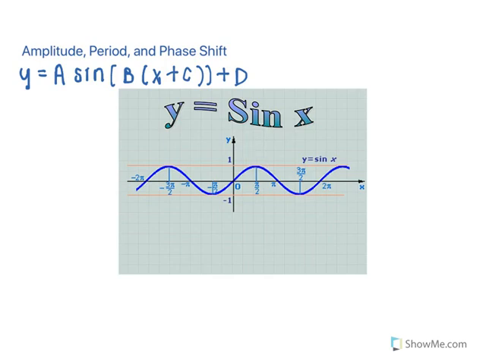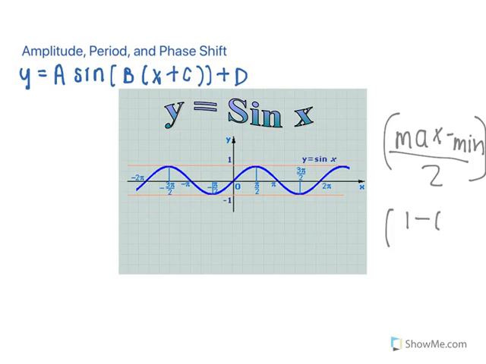And once again, to find amplitude, we take the maximum minus the minimum over 2. So in our case, the maximum is 1 minus the minimum, which is negative 1, over 2. So that would equal 2 over 2, which is 1. So our amplitude would be 1.